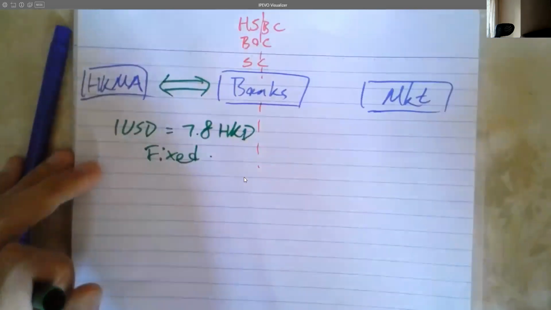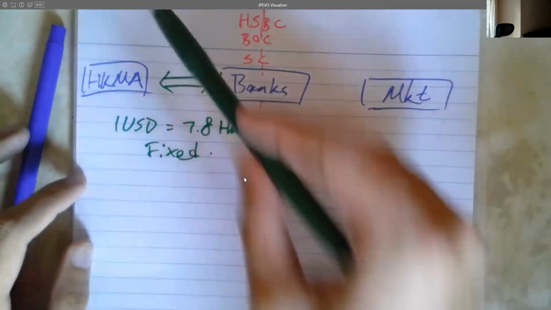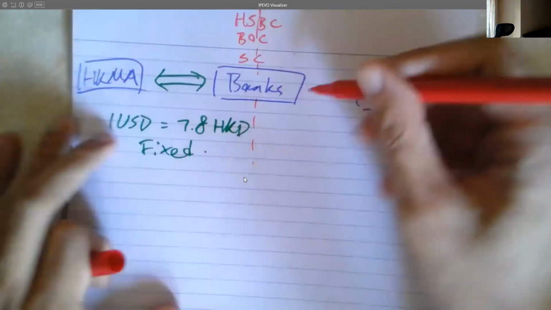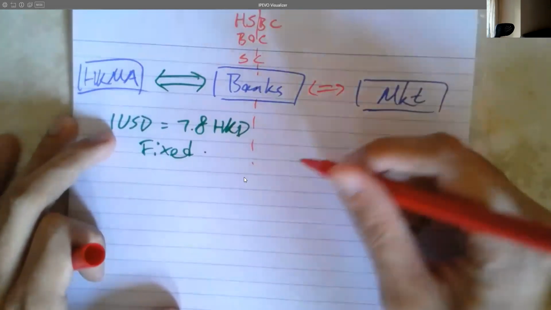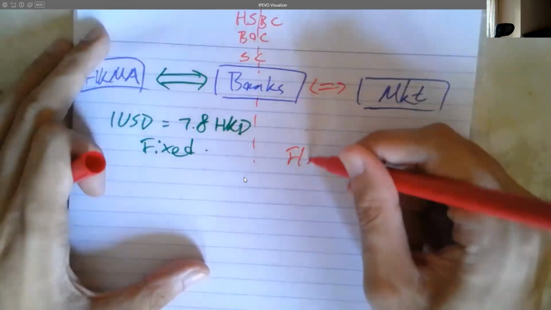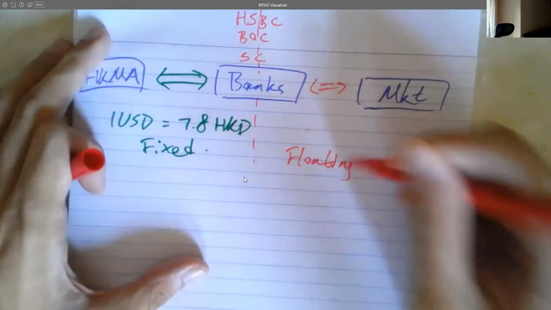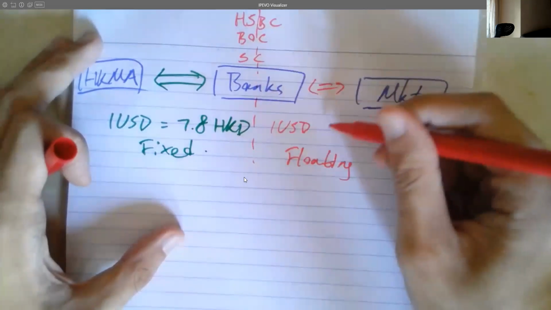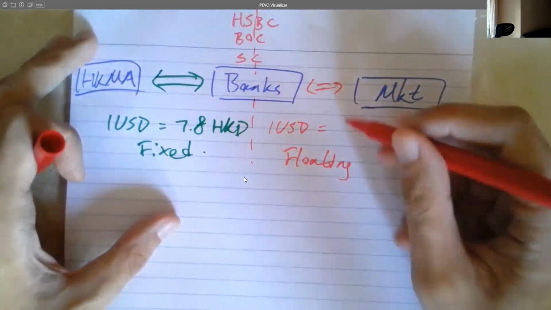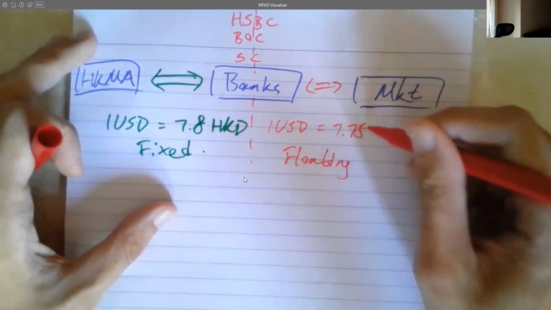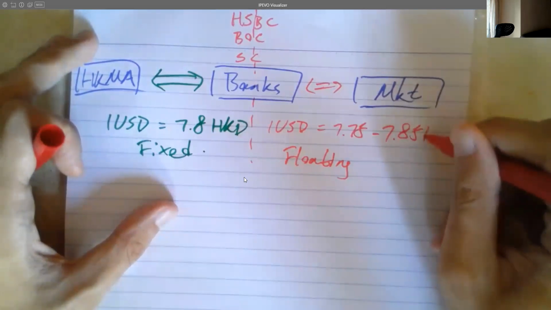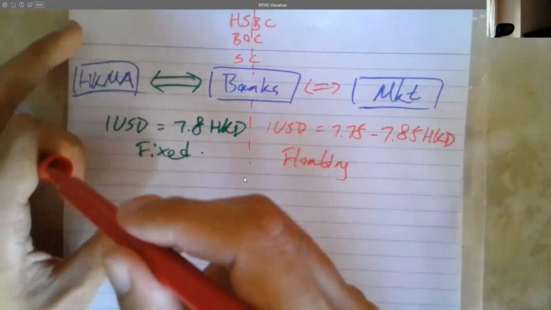On another hand, when banks do business with us in the market, here they are actually under floating rates. Usually, under some mechanism, it can float between 7.75 to 7.85 Hong Kong dollars to 1 USD.